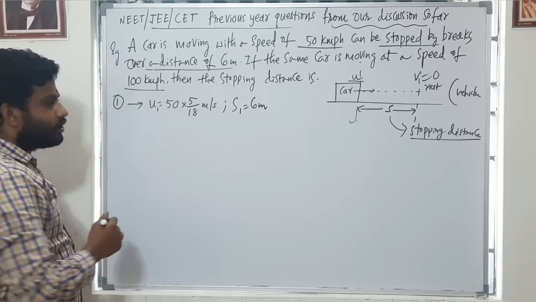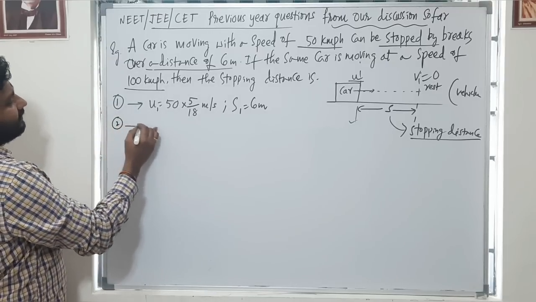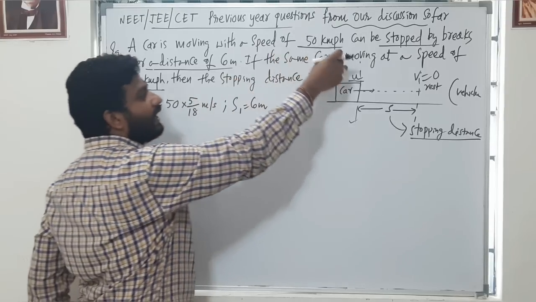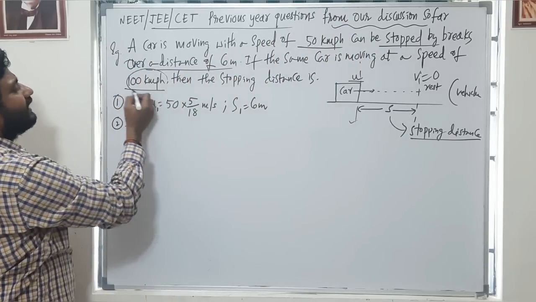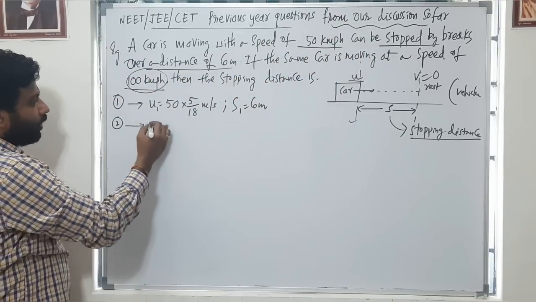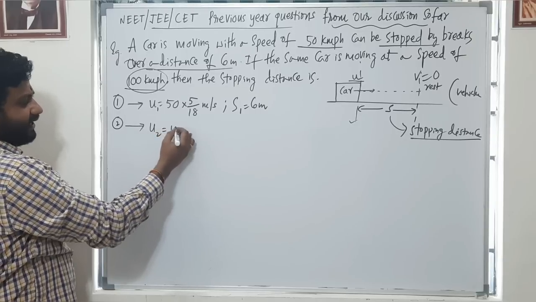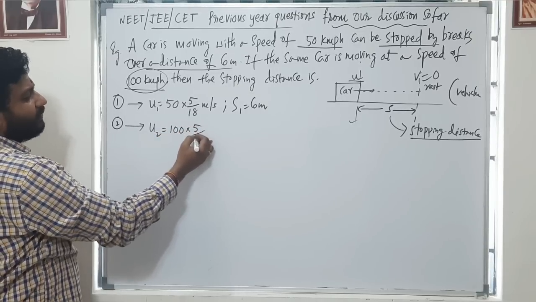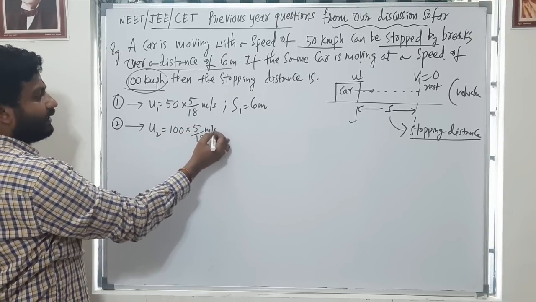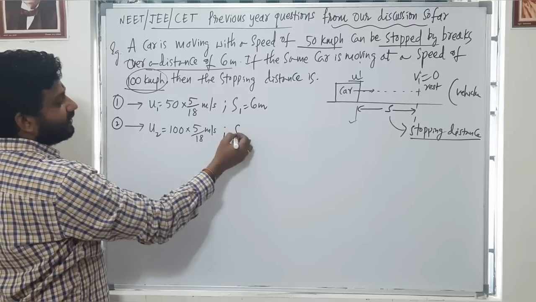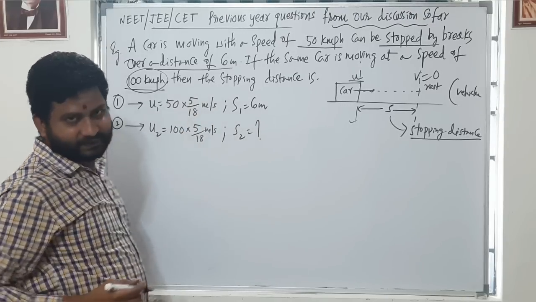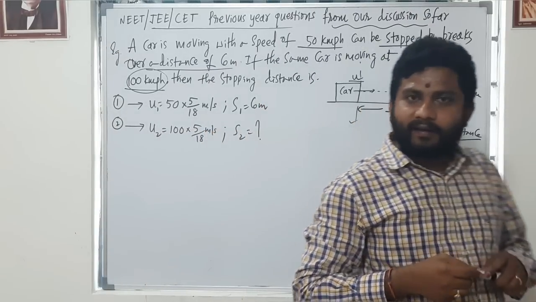Now the second case: if the same car is moving at 100 kilometers per hour, the initial velocity in the second case is 100 into 5 by 18 meters per second, and the stopping distance in this case we need to find out.